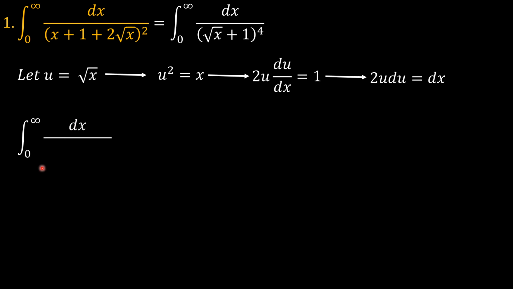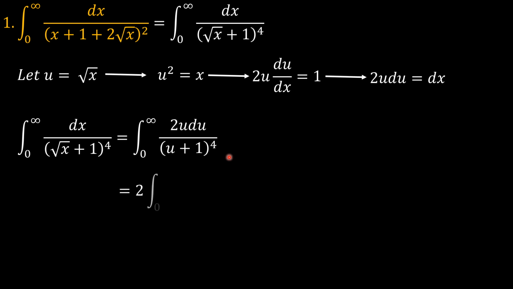Anyway, so in the x domain, we do have what we have here, but now when we transform it to the u domain, in place of the square root of x in the denominator, we have u. In place of dx, we have 2u du. And we can pull 2 out so that now we do have an integral from u equals 0 to u tending to infinity of u over u plus 1 to the power 4.